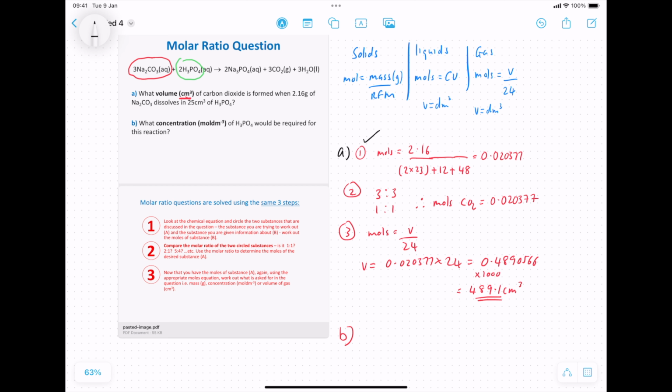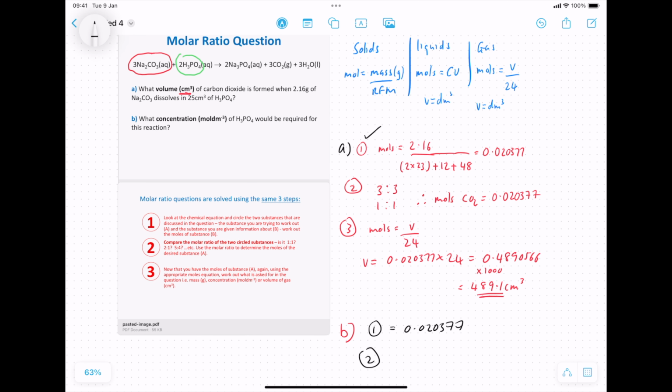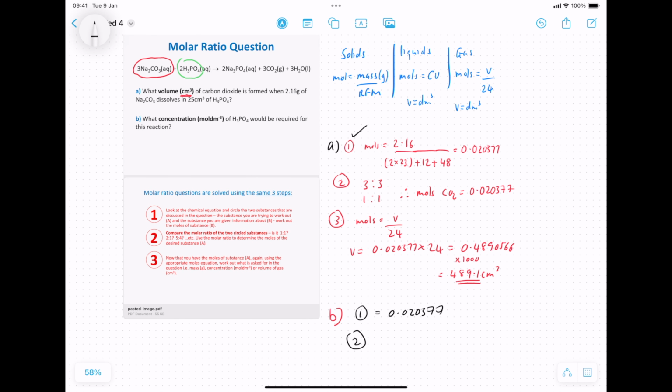So number 2, what is the molar ratio of sodium carbonate to phosphoric acid? And you can see that the molar ratio is 3:2. So if I want to work out the moles of phosphoric acid, I have to divide the moles of sodium carbonate by 3 and then times it by 2.